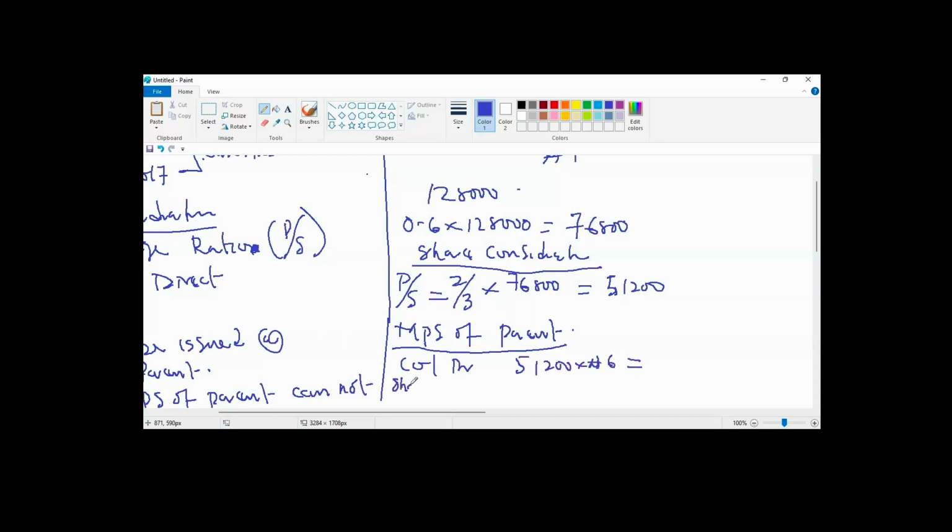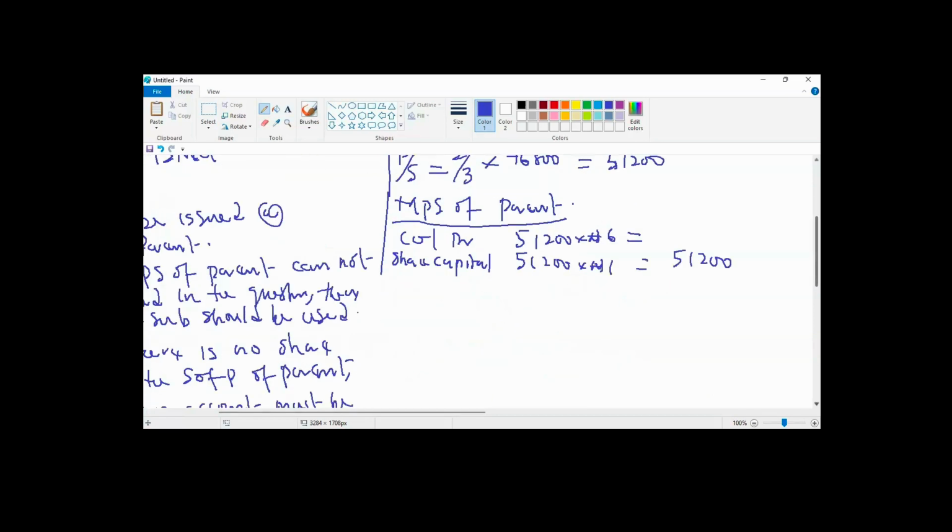Equity shares, which is the share capital, to be credited: 51,200 times 1 naira to give me 51,200. Has it created a premium? Yes. Today market value is 6 naira. Share premium. That's all.